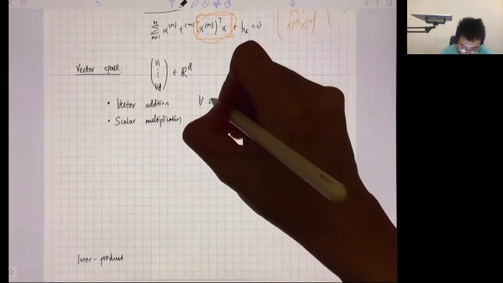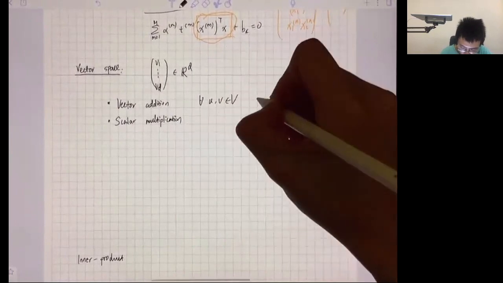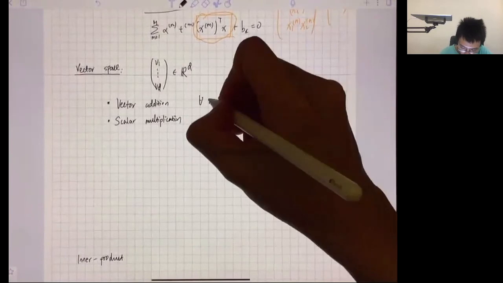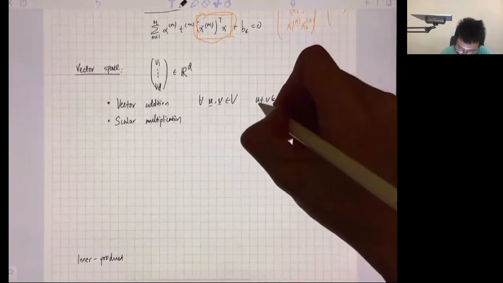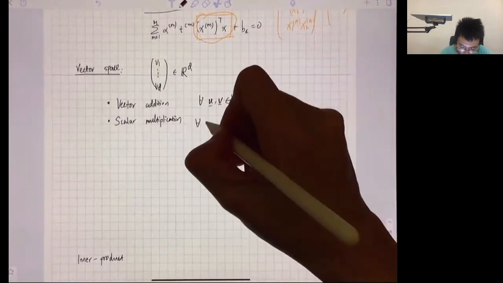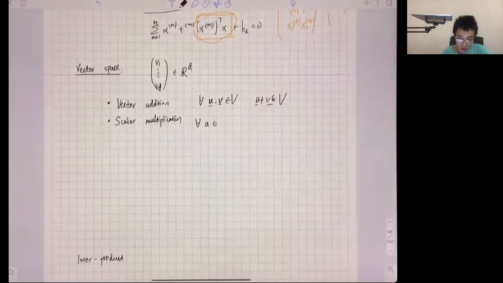For any u, v in my vector space, u plus v is also in my vector space, okay? Here u, v are vectors.